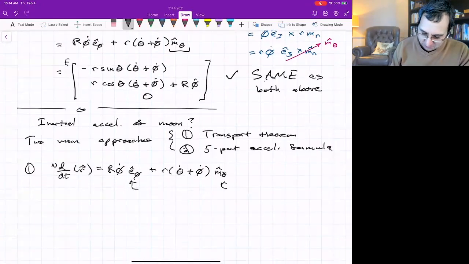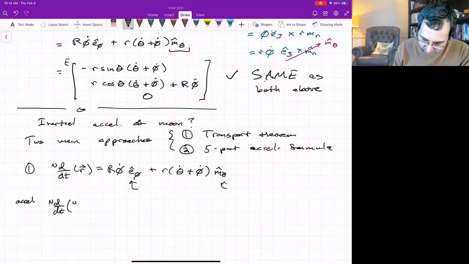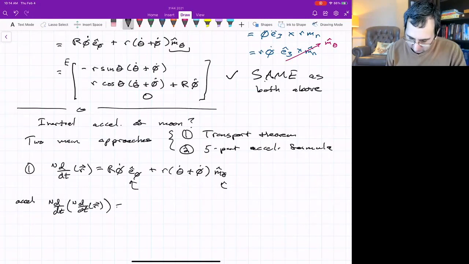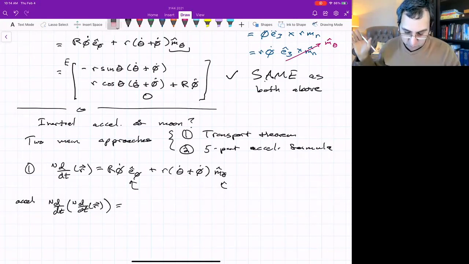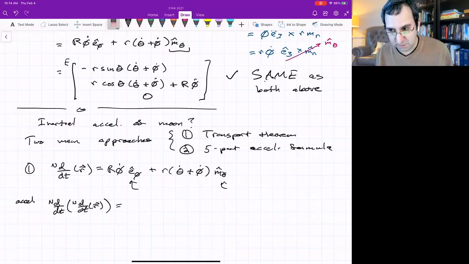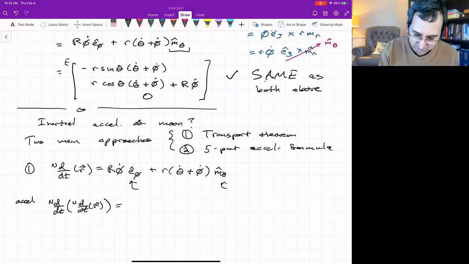Now if we wanted to get the acceleration, it is just the inertial derivative of this inertial derivative of that position, which means we could do everything we did before. We could either write the m unit vector here in terms of E frame, or just go with what we've got. What if we just went with what we've got?